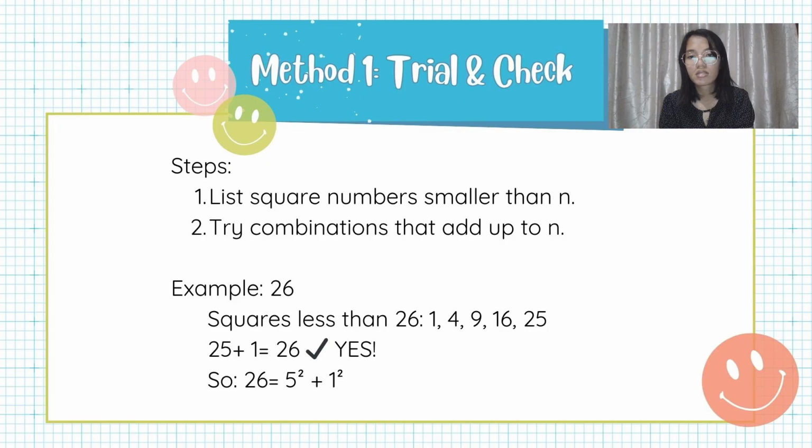For step 2, let's try combinations. 25 plus 1 is equal to 26. So we write 26 is equal to 5 squared plus the square of 1. We already know that 5 squared is 25 and the square of 1 is simply 1, and 25 plus 1 is 26. This is the simplest method, testing pairs until we find a match.